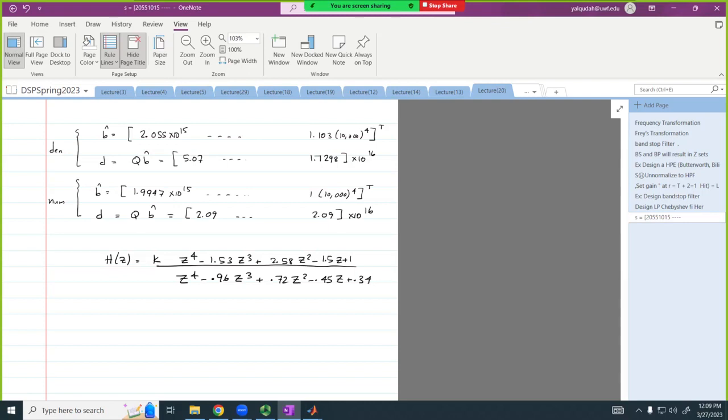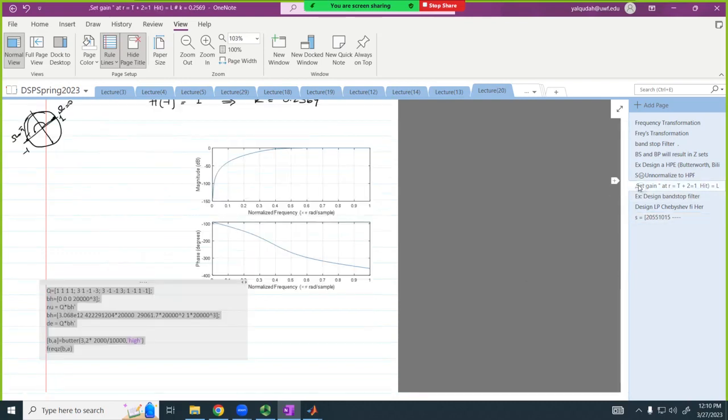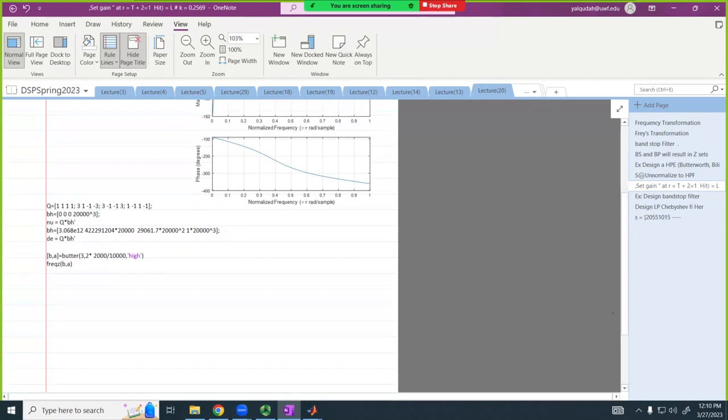Now before I forget, we're going to run the MATLAB to get all these numbers, but I'm going to go back to the high pass filter. I just want to write the MATLAB equation, which we have in here, but I want to tell you where it's coming from.